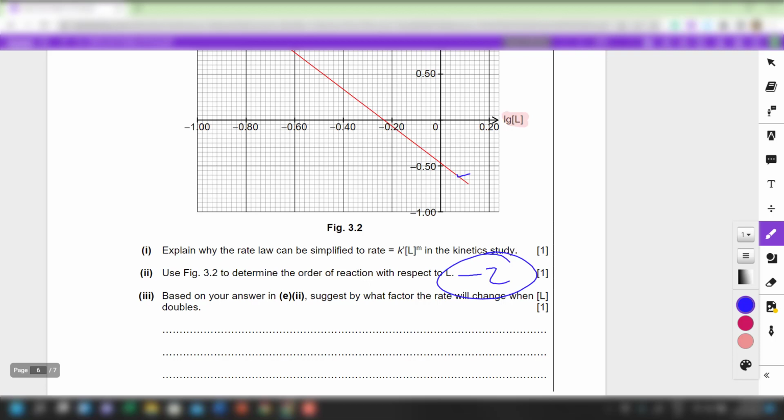So the order of reaction, as I mentioned before in the kinetics lecture last year, need not be 0, 1, or 2. It can be a fraction. It can be a negative number.